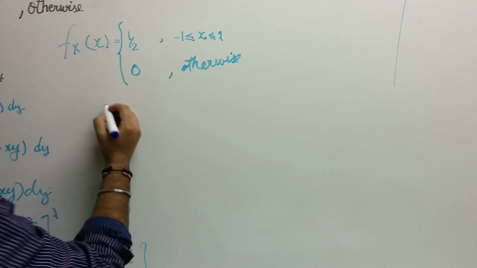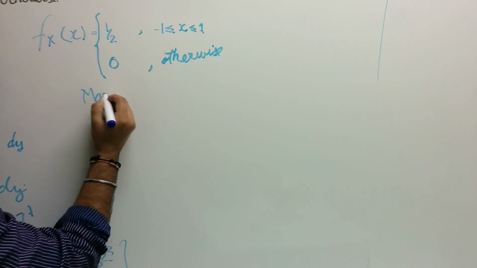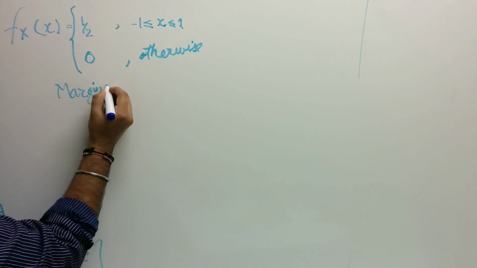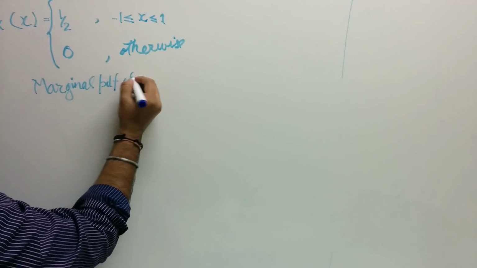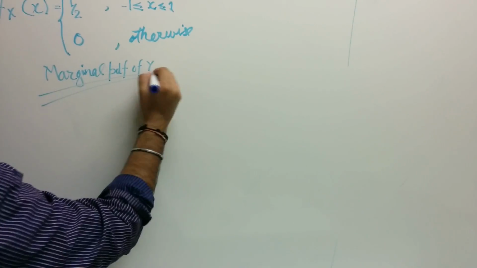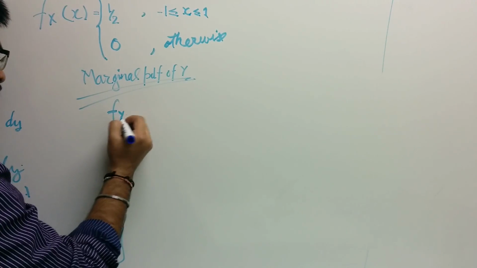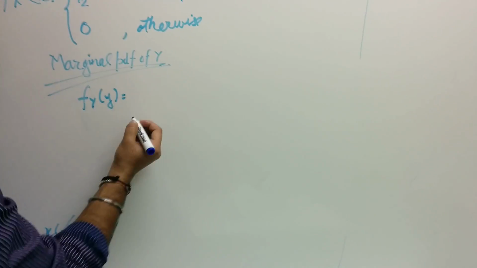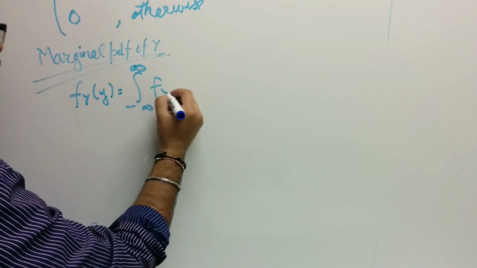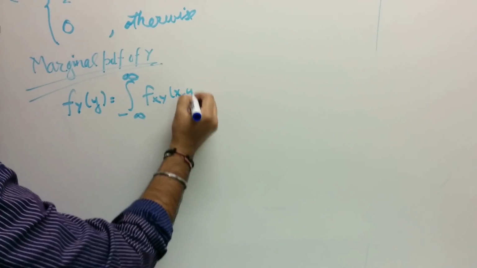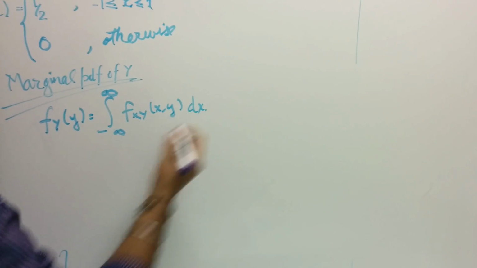Now similarly, we will calculate the marginal PDF of y. It is given by f_Y(y) equal to the integration of the joint PDF of x and y with respect to dx.